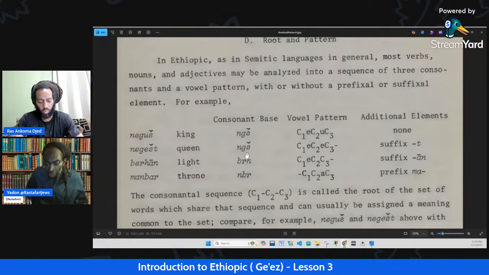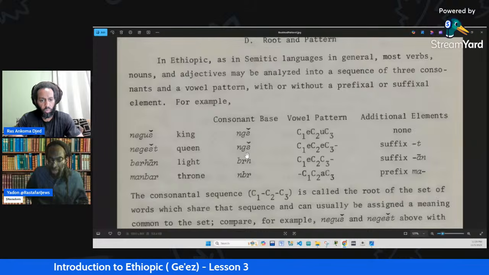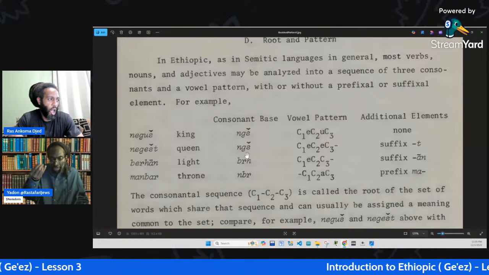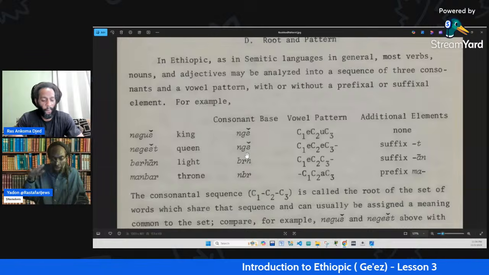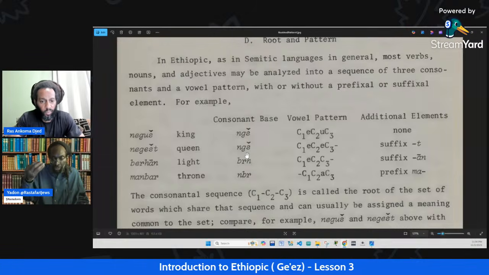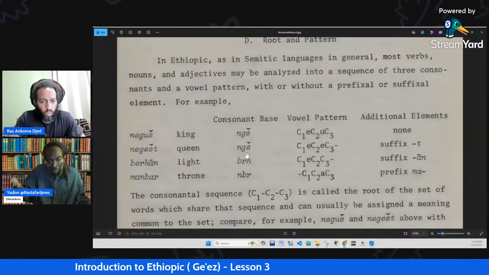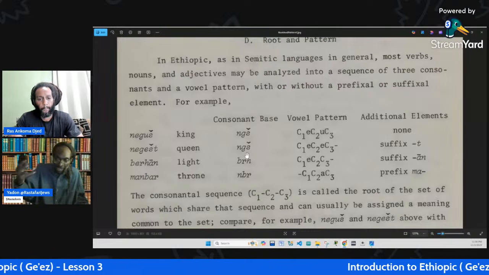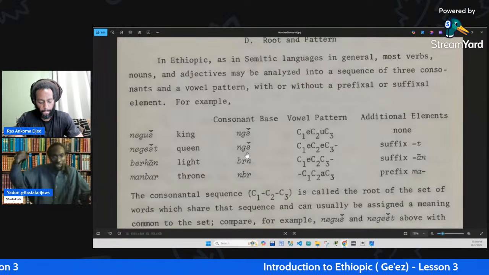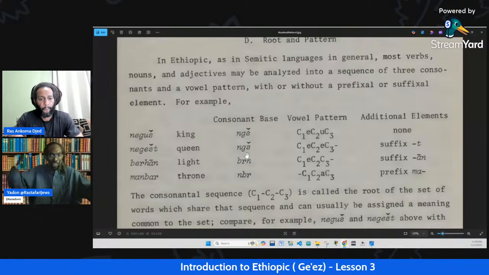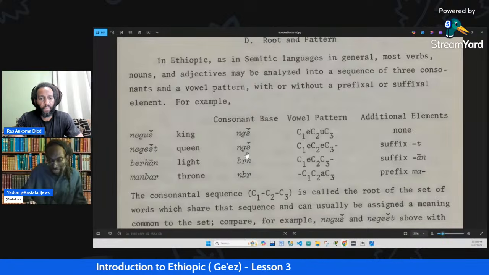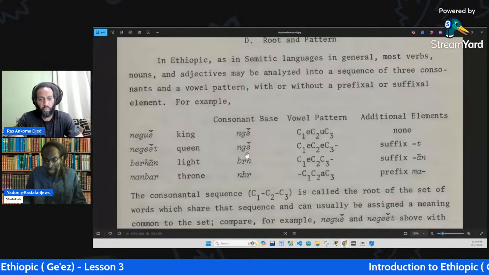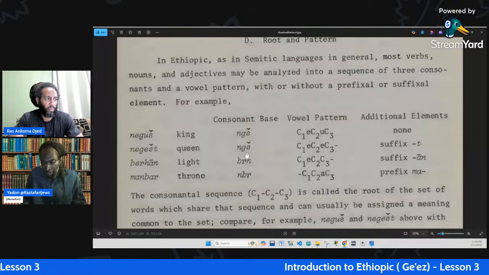Not burr, but bir, like bir. Remember bir in Amharic, Ethiopic is for silver, or commonly money today. Silver has that light color, that bright. You know how silver looks like light. So Berhan is light or illumination, right?